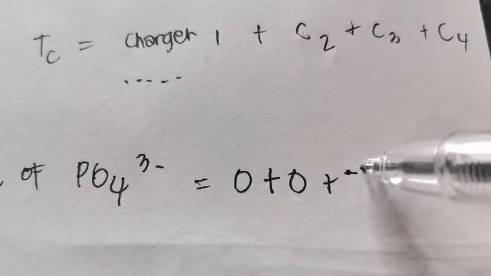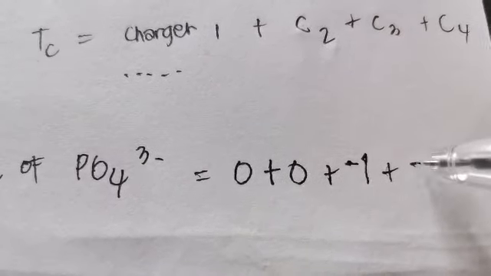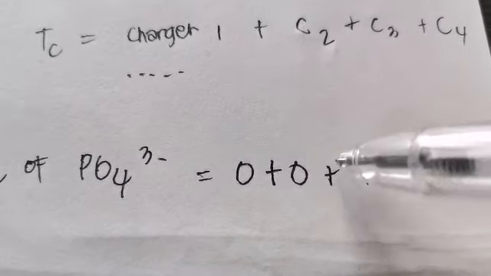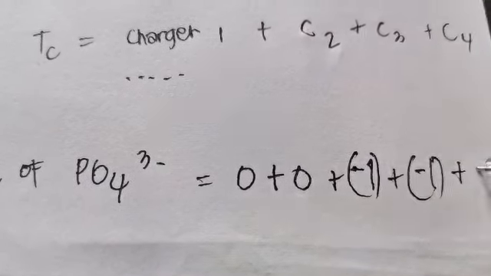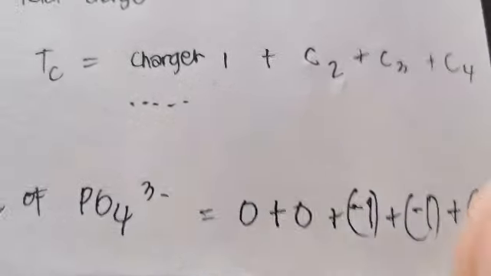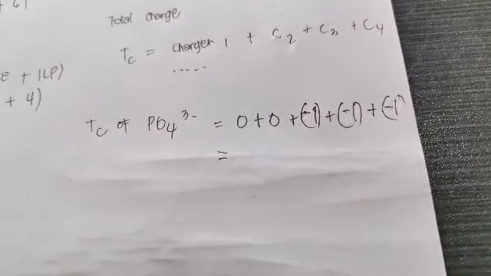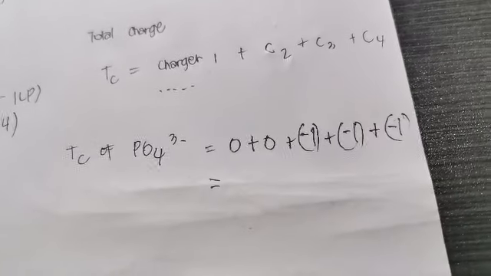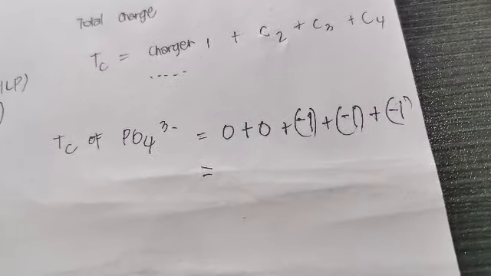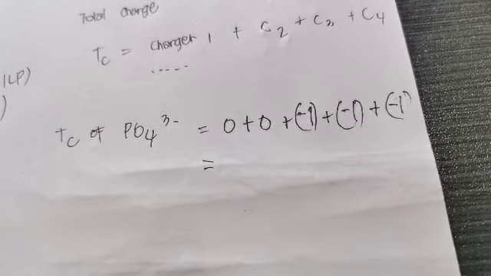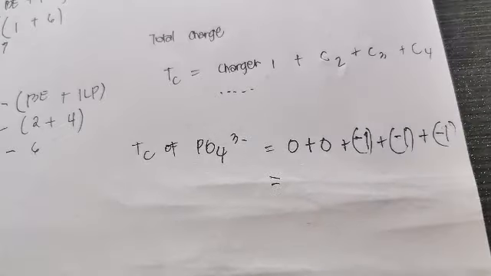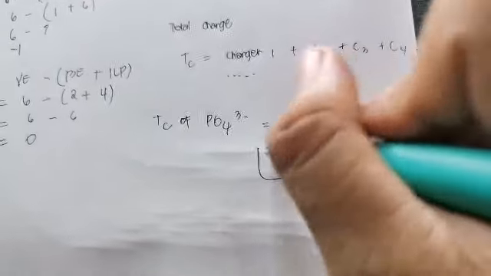Okay, negative 1 plus negative 1 plus negative 1. Okay, so yung mangyayari, you are going to add all the numbers. So 0 plus 0 plus negative 1 plus negative 1 plus negative 1 will equal to negative 3.